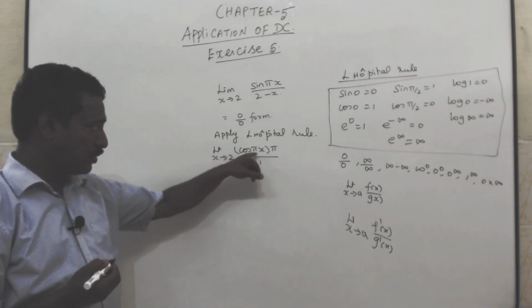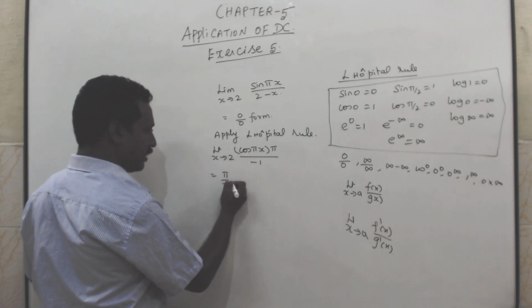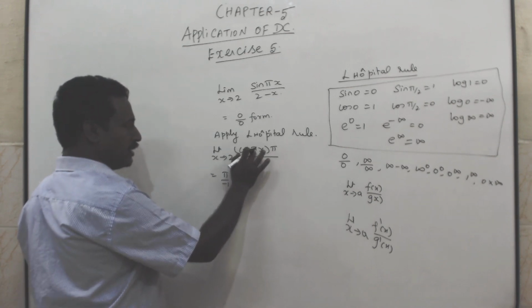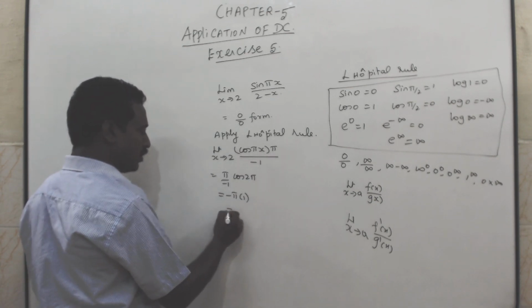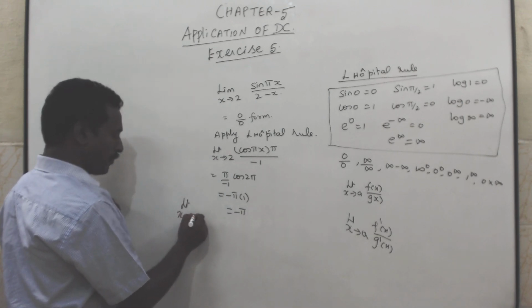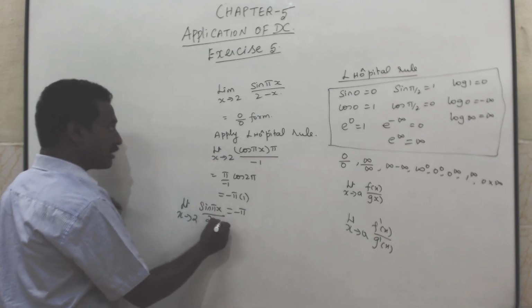Once again, x is equal to 2, that is pi by minus 1 taken out, cos 2 pi. Cos 2 pi value is 1. Minus pi into 1 equals minus pi. That is the limit of sin pi x divided by 2 minus x.